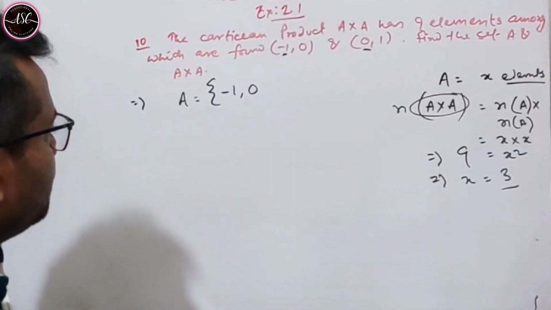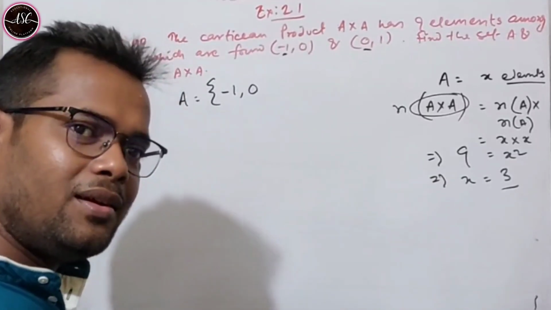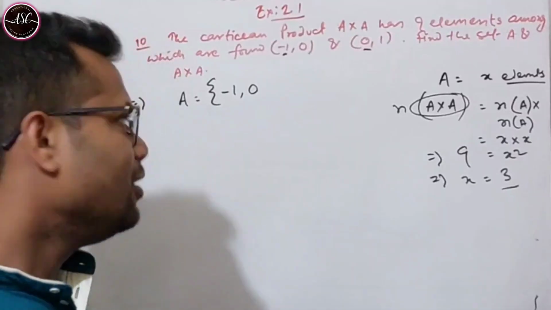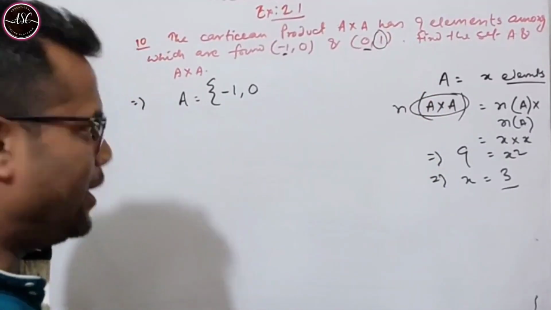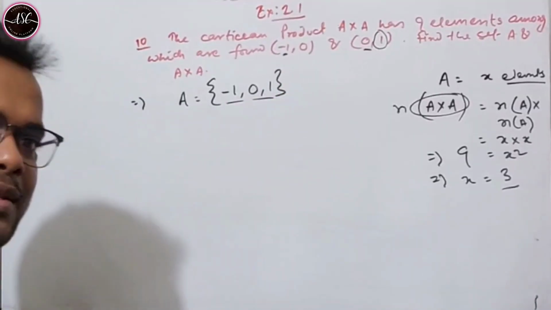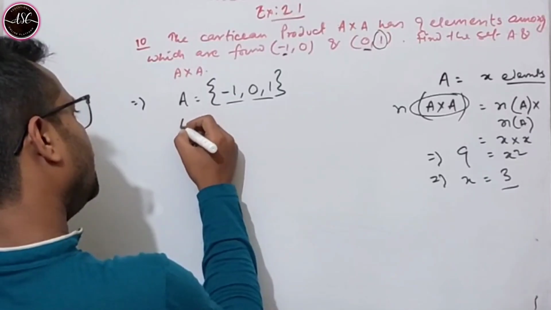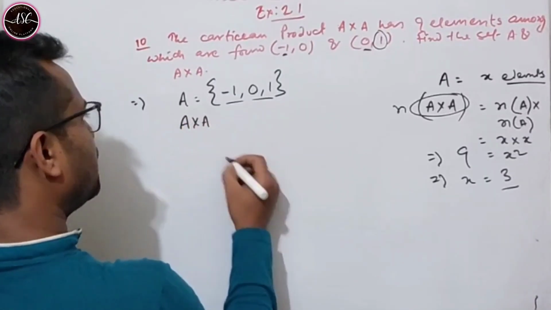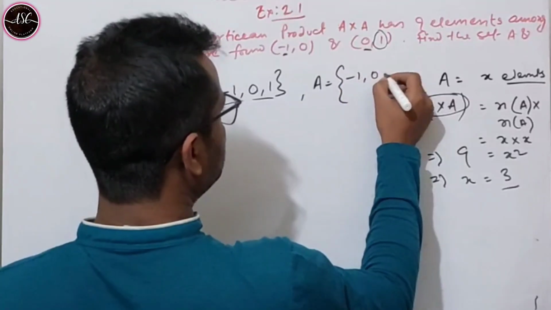Then it is the Cartesian product of A and A. So 1 will also be an element of A. So there are 3 elements. Now we are going to find A cross A. A is also equal to minus 1 comma 0 comma 1.